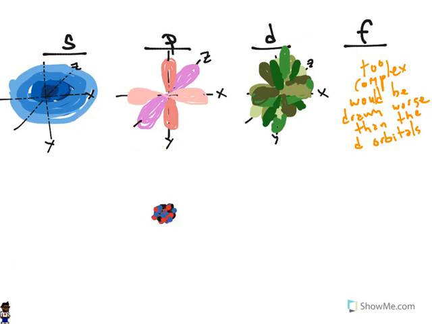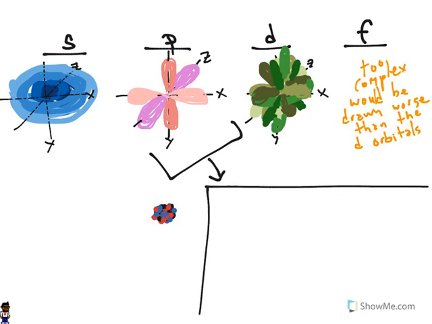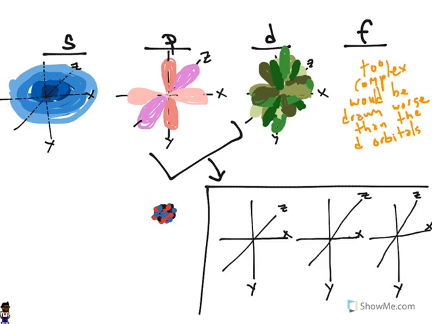Alright, now let's talk about the p orbitals. For the p orbitals, let's focus over here in this space. Any energy level that has p orbitals in it has 3 different p orbitals, and they're differentiated by their position in space. We're just going to conveniently assign them by the axis that they're on.